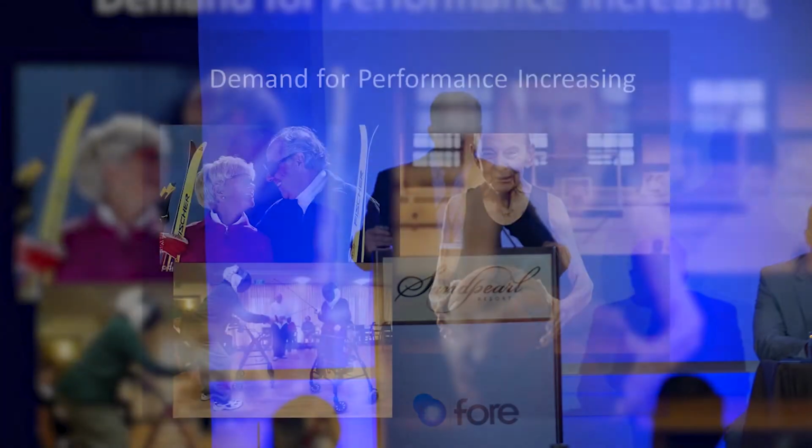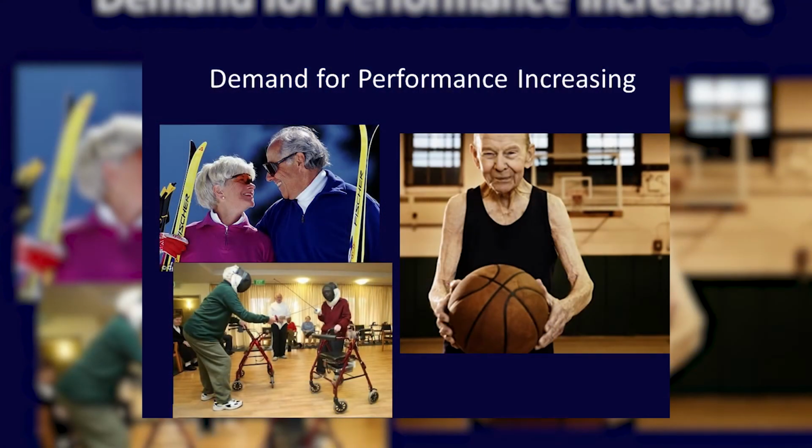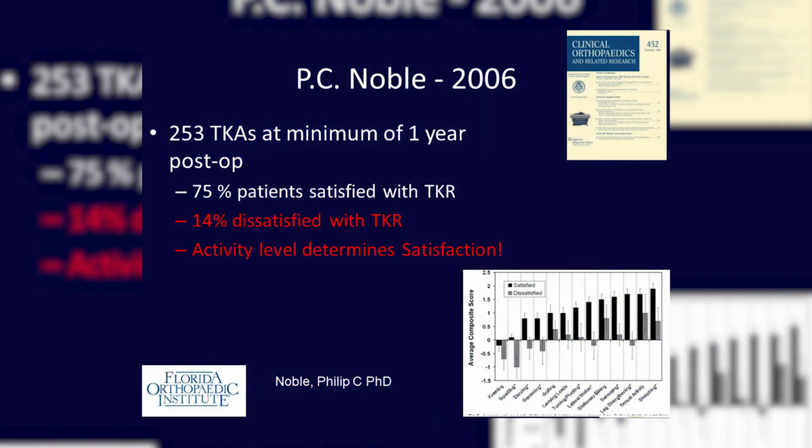I think the challenge with total knee arthroplasty and what we've learned over the last decade or so is that our patients are achieving higher degrees of performance into the elder years, and their demand is really increasing. And this was really outlined by Phil Noble, but outcomes and satisfaction rates with total knee arthroplasty are somewhat limited, at least they have been over the past few decades.